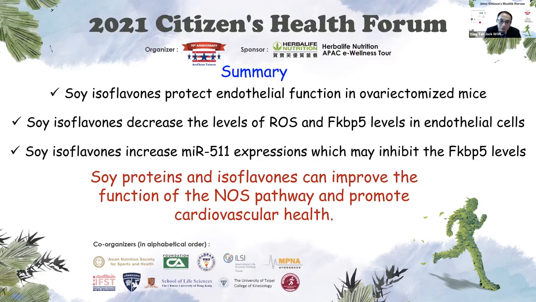Moreover, we observed that the decreased expression of FKBP5, a stress activator in endothelial cells, was proportional to the increase of microRNA 511 when those cells were treated with soy isoflavones. These results suggest a role of soy proteins and isoflavones in improving the nitric oxide synthase function in the endothelium and as a therapeutic strategy to promote cardiovascular health.